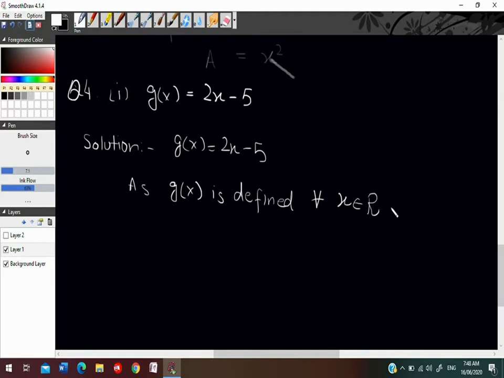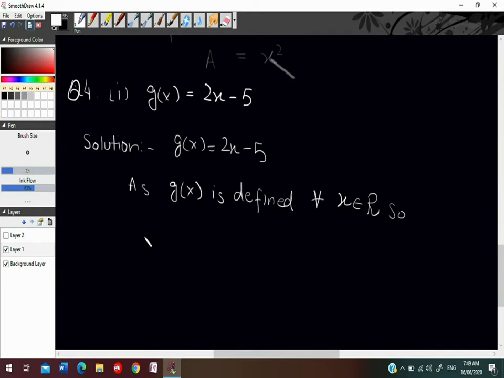When the whole function is defined on real numbers, it means any real number we can input in this function, and whatever we get as output is again a real number.